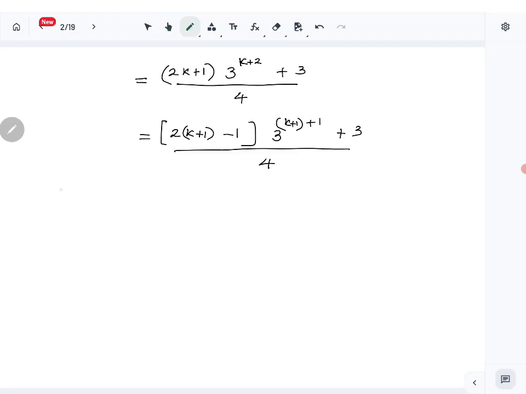So statement is true for n equals k plus 1.